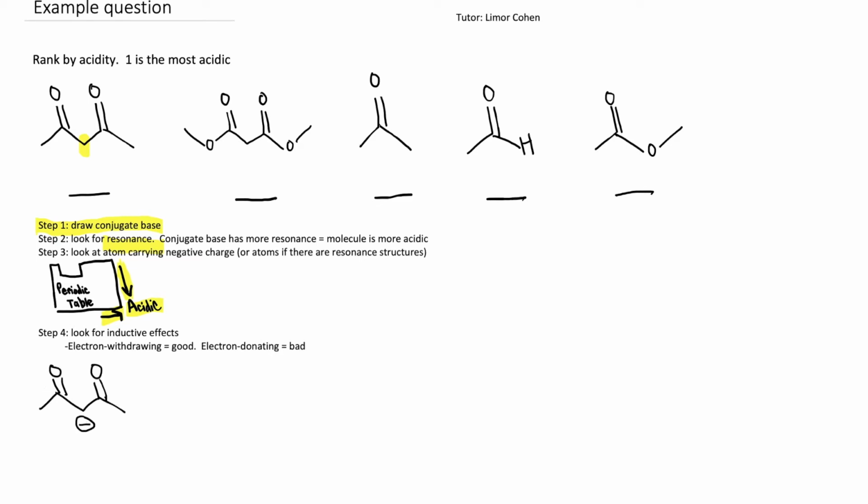So this conjugate base is actually a very stable conjugate base compared to if we were to deprotonate the hydrogen on this side or on this side, because it can resonate across two oxygens. And I'll show you what that resonance looks like.